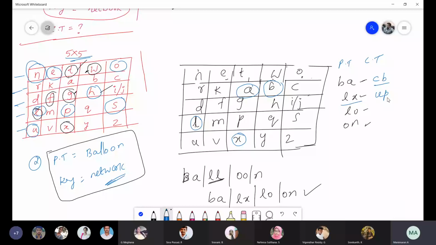U and P. And likewise, L and X, no? The diagonal values are correct. U and P.